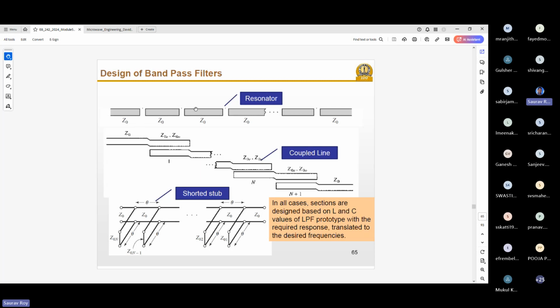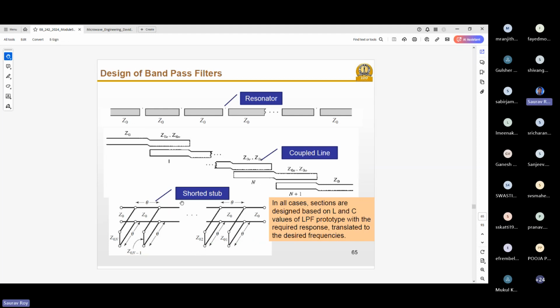These line lengths of characteristic impedance Z naught will actually act like a resonator. If you cascade multiple of them, it will look like this. The second picture in the middle shows a microstrip line circuit implementation. It will look like this: a coupled line microstrip section.